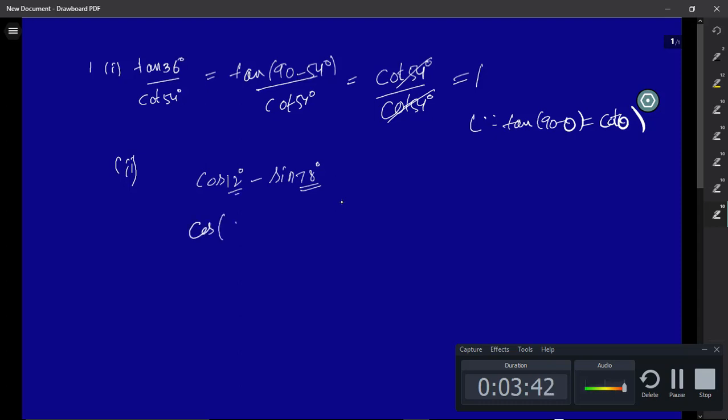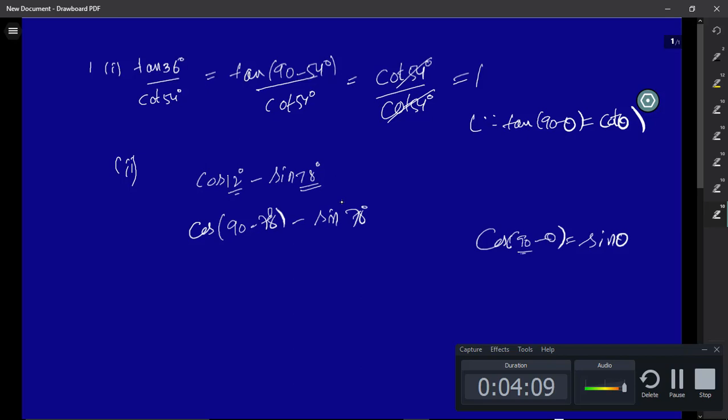Cos of 12 I can write as cos of 90 minus 78. If you subtract 78 from 90, you obviously will get 12, right? Minus sine 78 degree I'm writing as it is. Everybody knows that cos of 90 minus theta is sine theta.